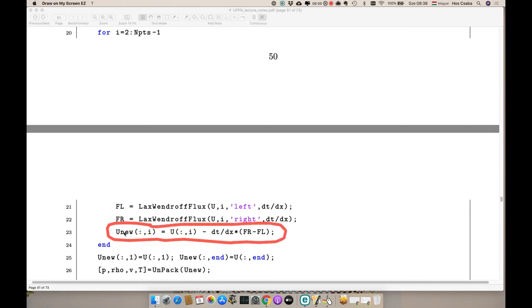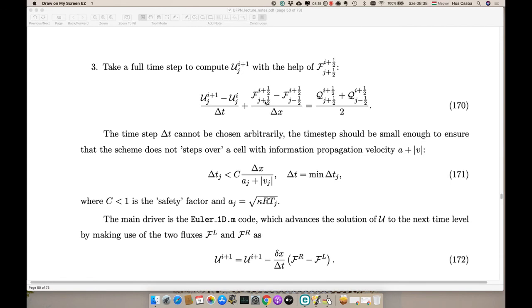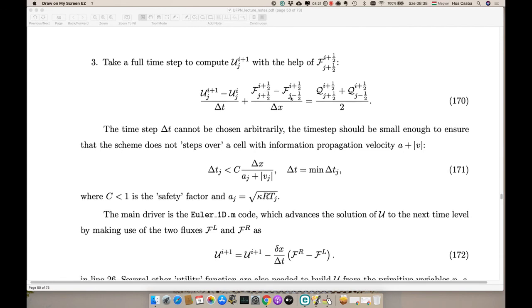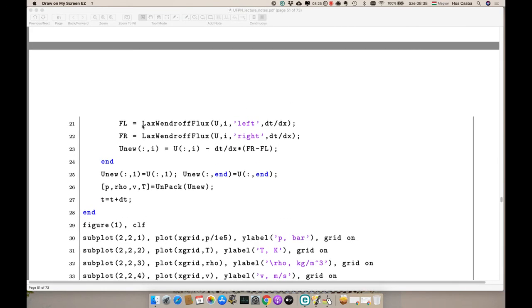So this is the main step. The new u vector is the old minus dt over dx, the right flux minus the left flux, which is this here, the right minus the left flux. Okay. Of course, these fluxes need to be computed. I will show you in a minute.